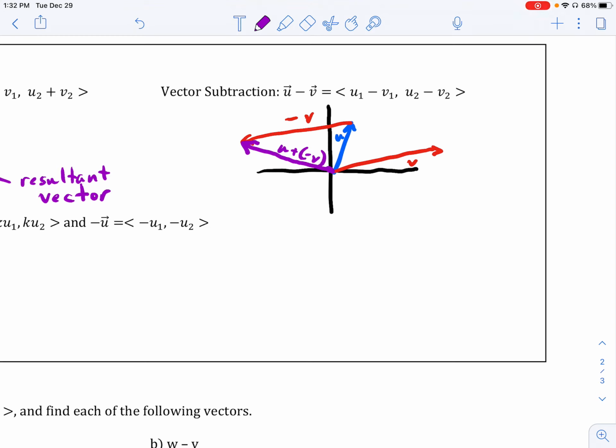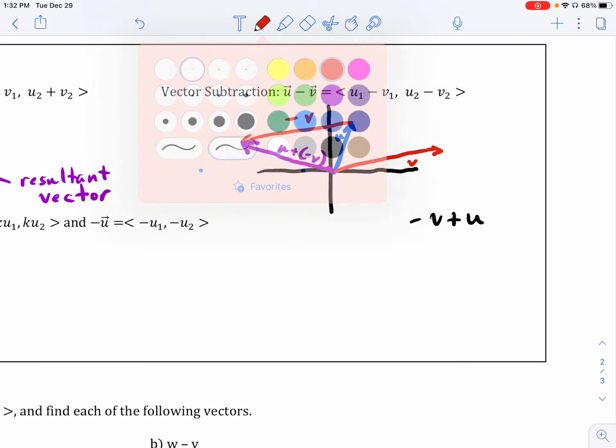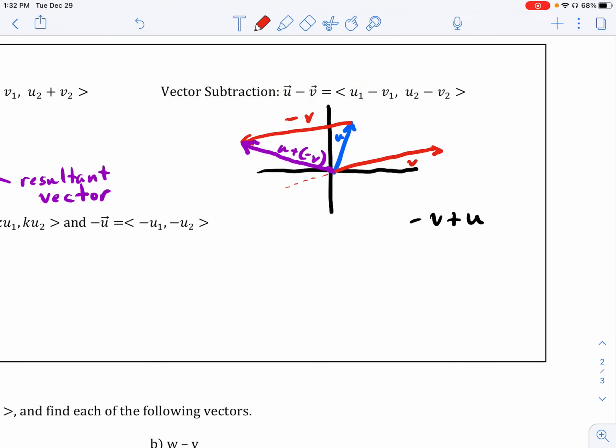And would this work to be the same thing if we were to flip the order around? Well, if you were to write negative v plus u, then the answer would be yes. So what we could do from here is we could draw negative v. So again, I'm going to do it the second way just to kind of show that we're going this way. So negative u, here's negative u, and let me draw negative v, again with a dotted line.